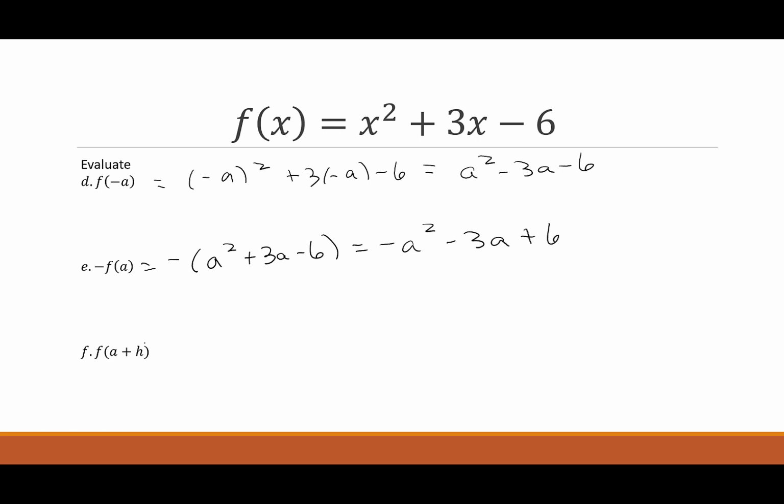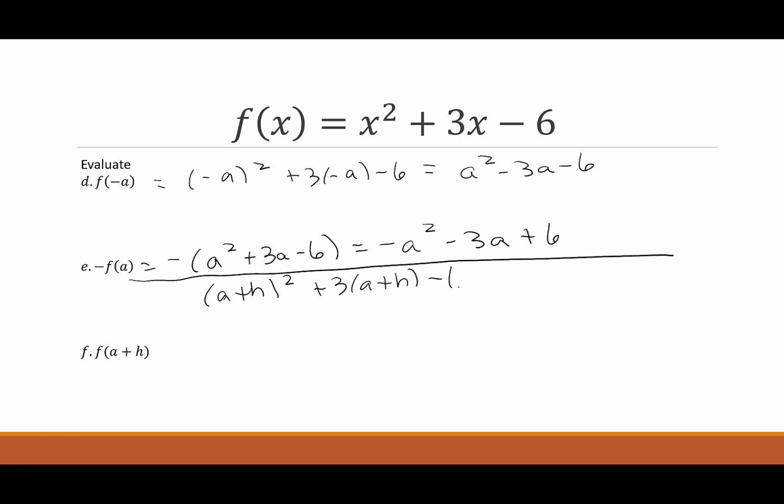Then the last one, f of a plus h. I'm going to give myself some space. This will be a little bigger. So I have a plus h squared plus 3 times a plus h minus 6. Most important thing here is this a plus h squared. You can either do a plus h times a plus h and distribute it all out, or you can remember this will be a squared plus 2ah plus h squared.